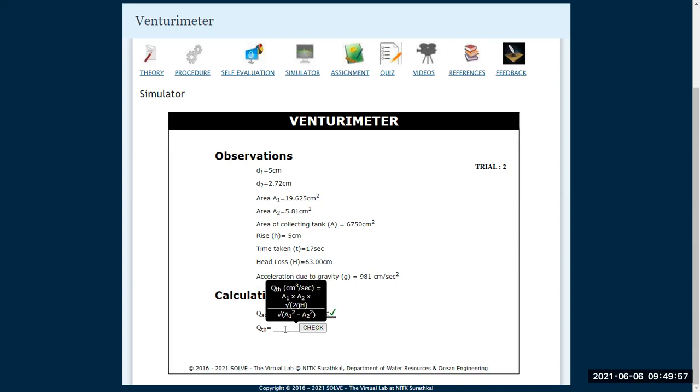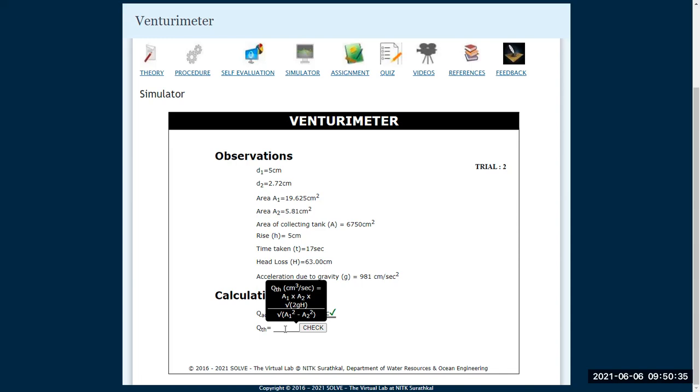Once you get the actual discharge, you have to calculate the theoretical discharge using the formula A1 A2 root 2GH divided by square root of A1 square minus A2 square. So A1 is 19.625 into A2 5.81 into root 2 GH, that is 2 into 981 into H, that is 63, so whole divided by root of A1 square minus A2 square.